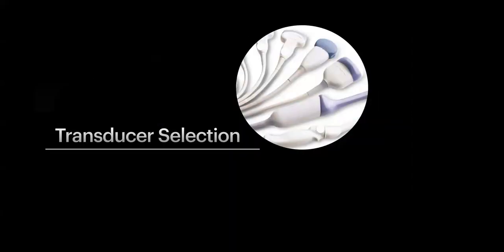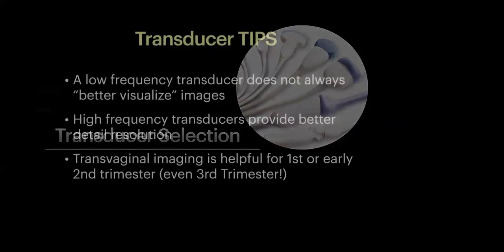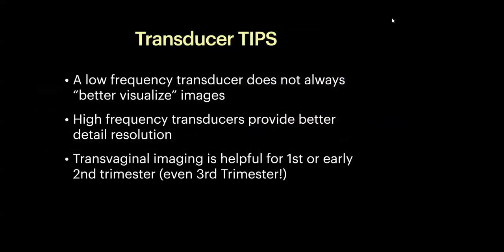Starting with the transducer selection, which is really critical. One of the few things I've learned with transducer tips is that a low frequency transducer does not always equate to a better visualized image. I've observed this especially when training sonographers or working with fellows or learners in general.